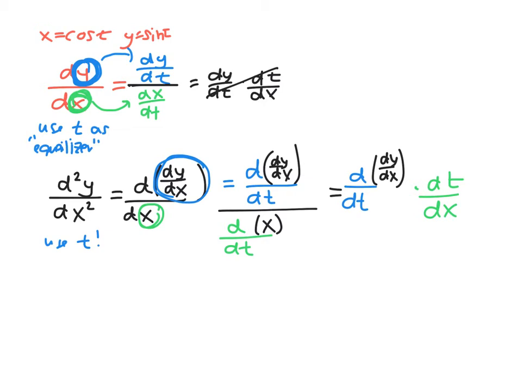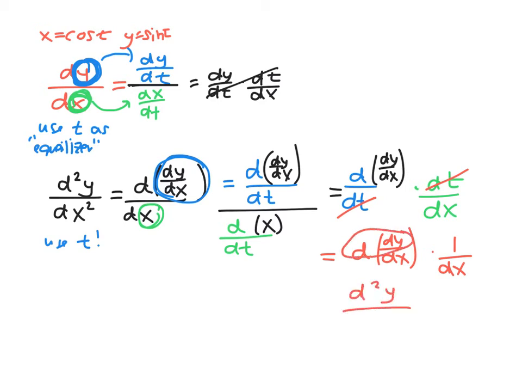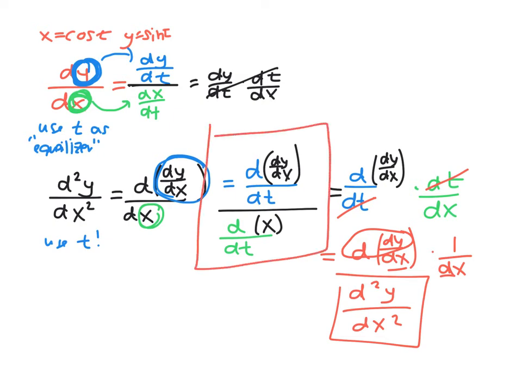So by the chain rule, again, we would see that those t's would cancel out, and we'd be left with the change of dy over dx times 1 over dx. So on top, we see that change in y twice, so d squared y, and on the bottom, we see that change in x twice. Now, why do I care? What I've just said is this will give me the second derivative.